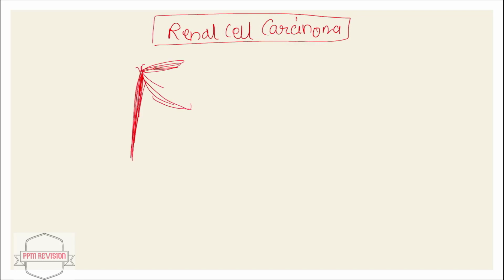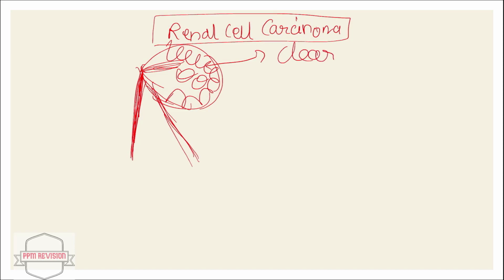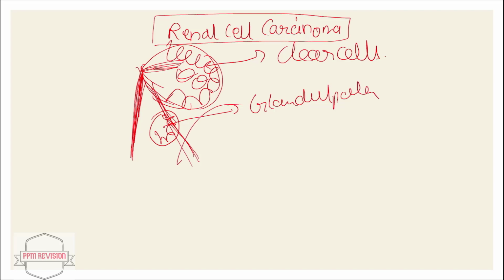To make it easy, I'm just drawing an R. Here you have clear cells. This is nothing but clear cell. So you have glands, so there's glandular pattern. There's also a solid pattern that is seen.